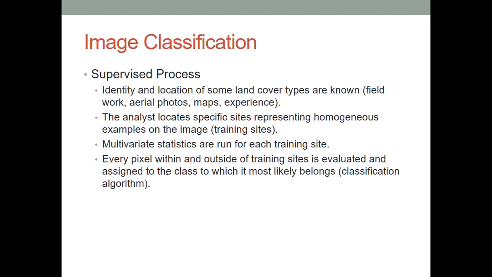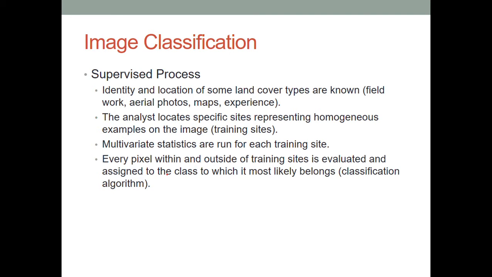Or through aerial photos, high resolution aerial photos, or maybe through maps, topographic maps, detailed maps, or through experience. Could be that the user has some experience, or maybe he's a local there, so they know the surroundings and environment. And the analyst locates specific sites that represent homogeneous examples on the image. These specific sites are what we call training sites.